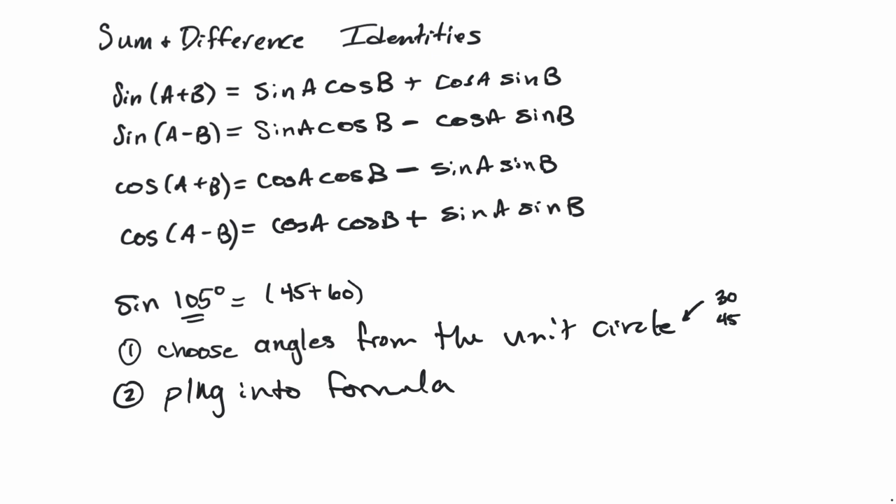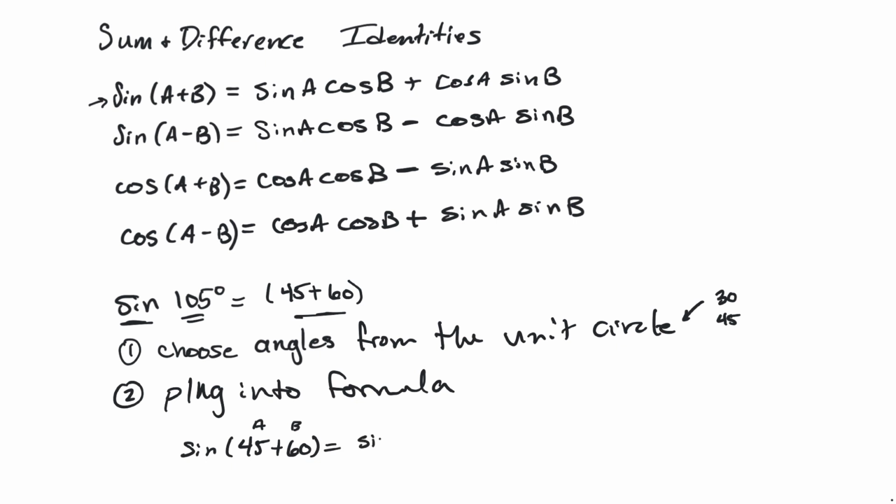So how does it work into the formula? Let's do it like this. I'm using sine, and I'm adding two angles, right? So we're going to be working with sine of A plus B, right? So sine of 45 plus 60. This was serving as my A. This is my B. If you had done 60 plus 45, that would be fine too, because it doesn't matter which order we multiply or add in, so it's going to work out. And I'm really just going to plug it into the formula above.